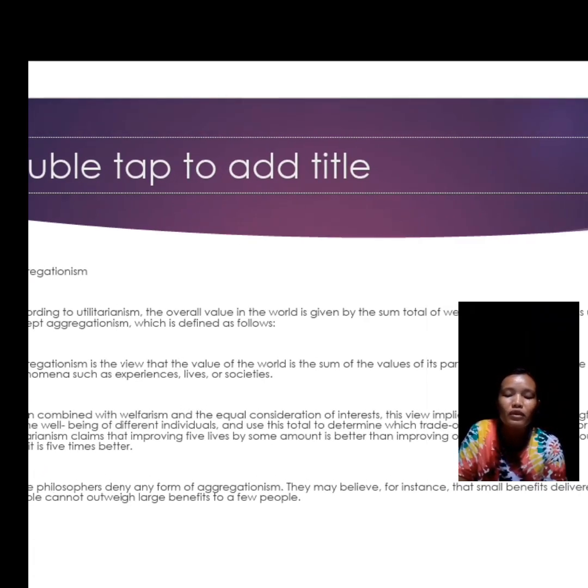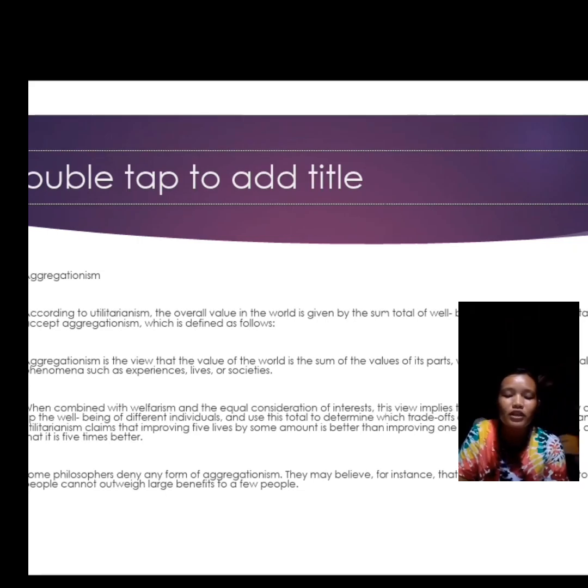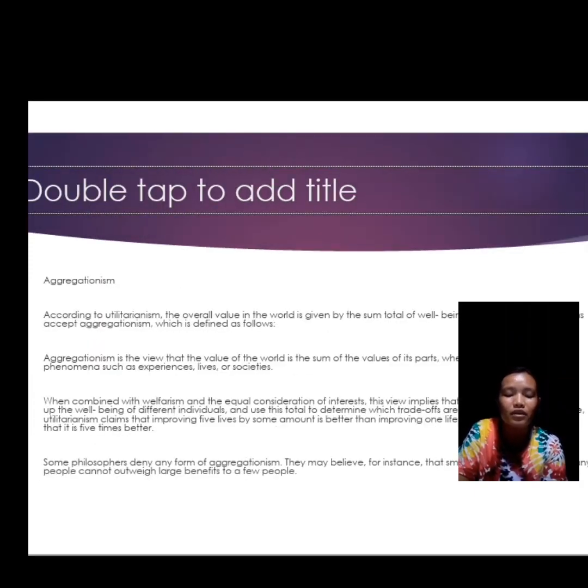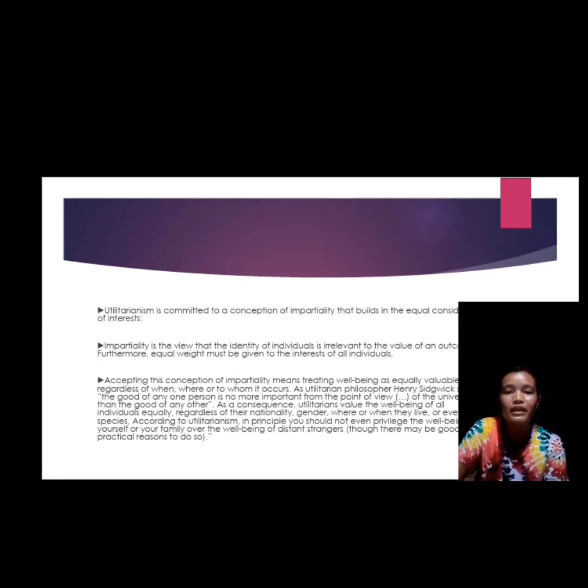When combined with welfarism and the equal consideration of interests, this view implies that we can meaningfully add up the well-being of different individuals and use this total to determine which trade-offs are worth making.